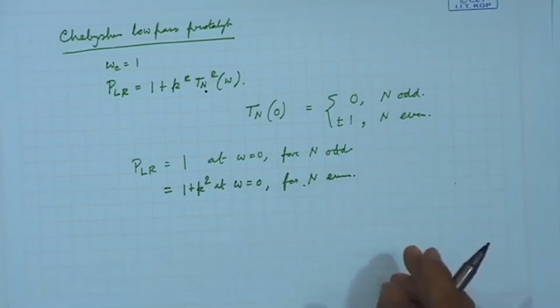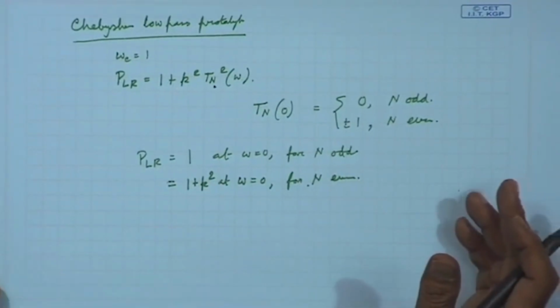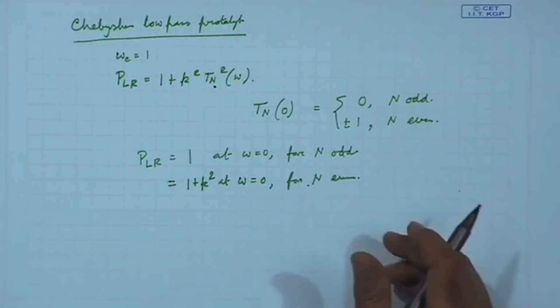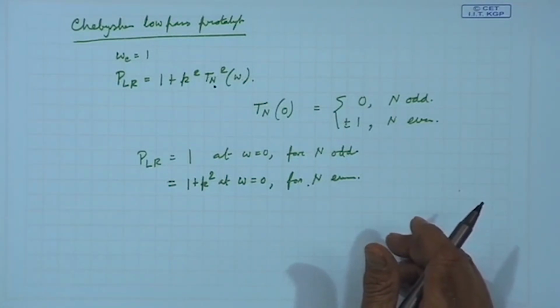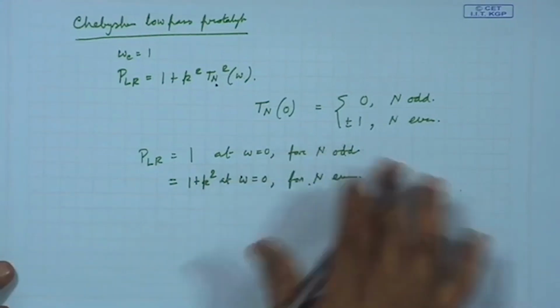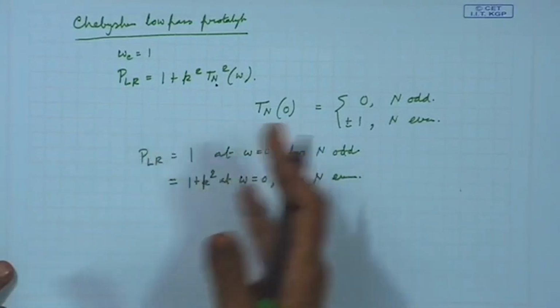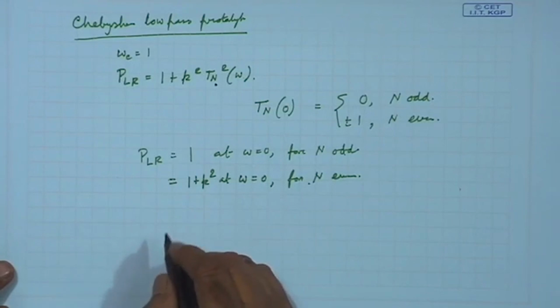So, it is up to you to choose that. The n value will come from all those specifications, that in stop band I want at least this much attenuation, in pass band I want this. So, from that n will come. The moment n comes, you can choose the PLR value from there.